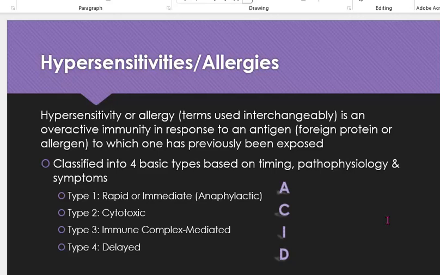Common examples of type 4 reactions include contact dermatitis, skin irritation that arises following exposure to poison ivy or certain jewelry metals. Or you could also classify the local response to insect stings and sarcoidosis. Sorry, forgive me for completely messing that one up.